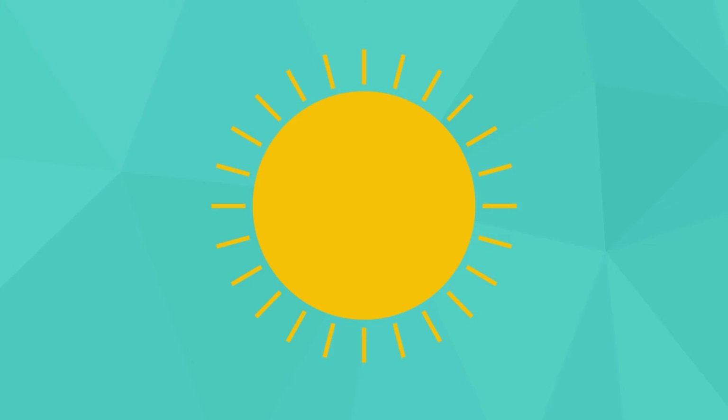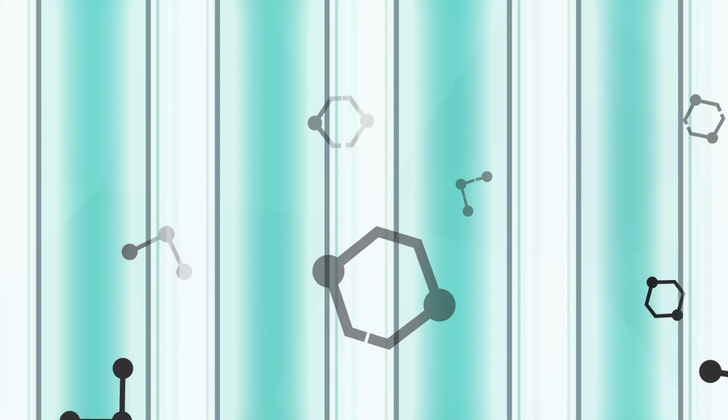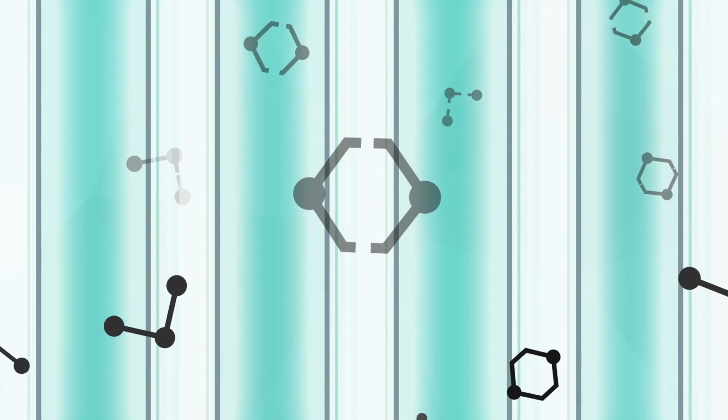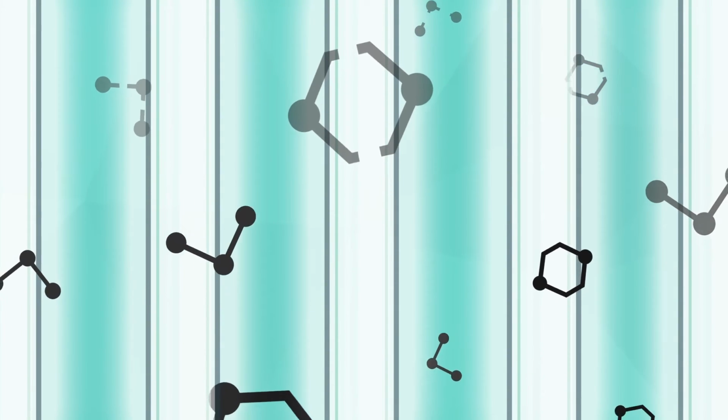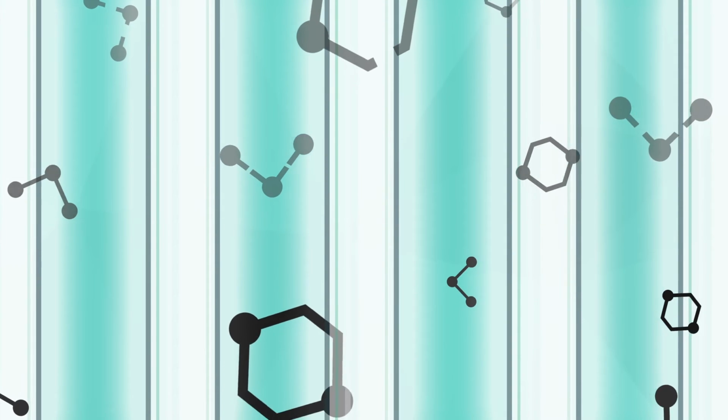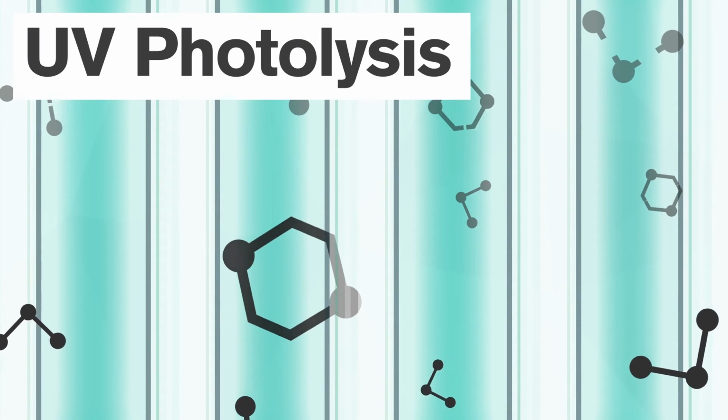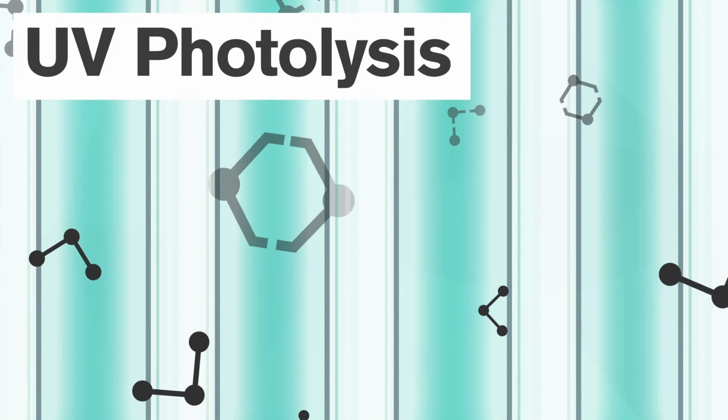UV light is extremely powerful. Imagine your worst sunburn and multiply that by 1,000. Once the contaminants have absorbed enough UV light, their chemical bonds break apart and they are no longer harmful. This reaction is called UV photolysis.